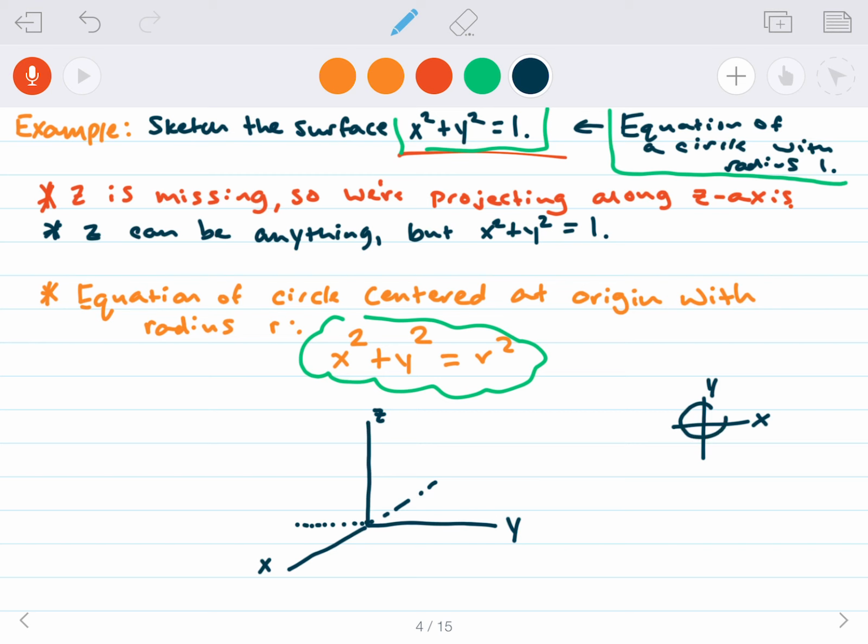It's just, again, just a circle like this with a radius of 1. Okay, so that's what we're going to try to do right here. I'm going to try to draw this circle like so. Okay, so that's when z equals 0. And then we're just going to project this thing up. Just going to draw some parallel lines to the z-axis to project my circle up.